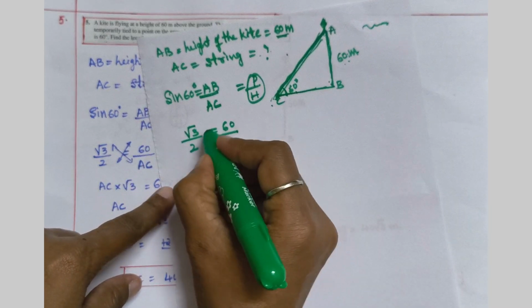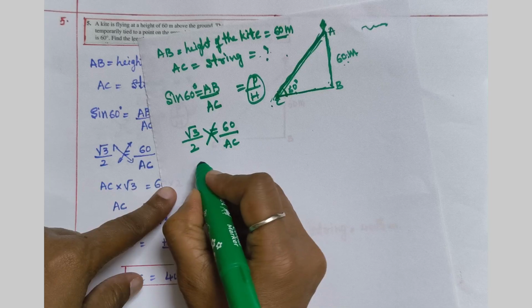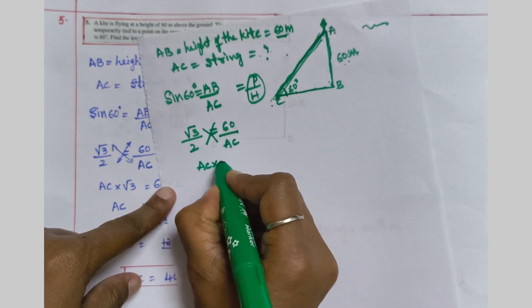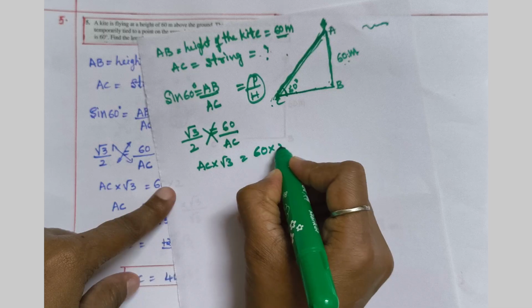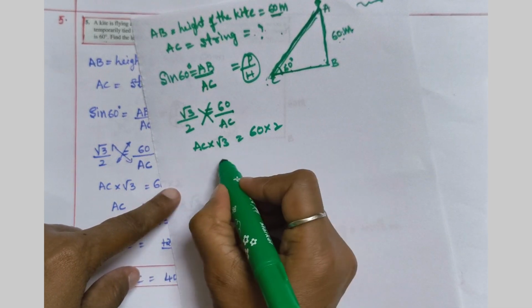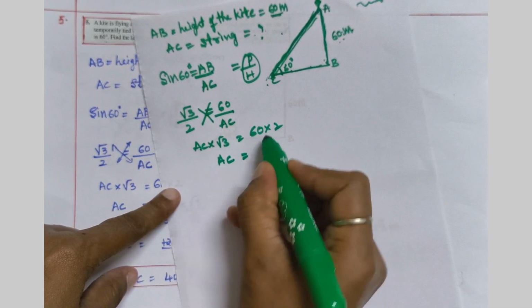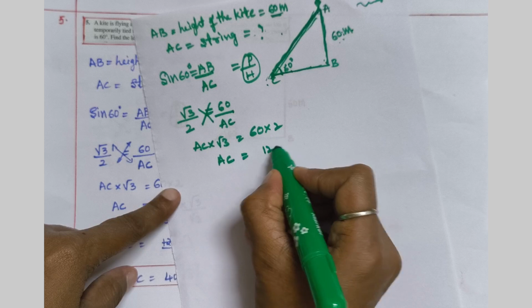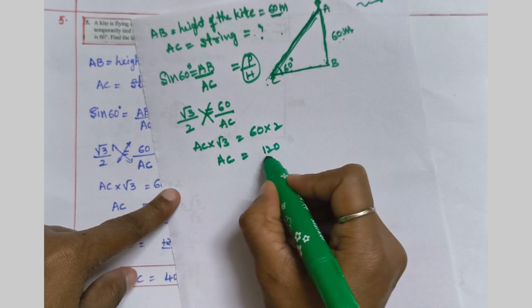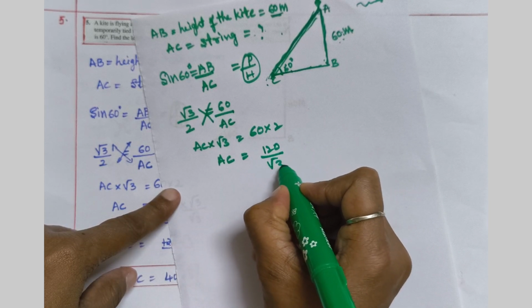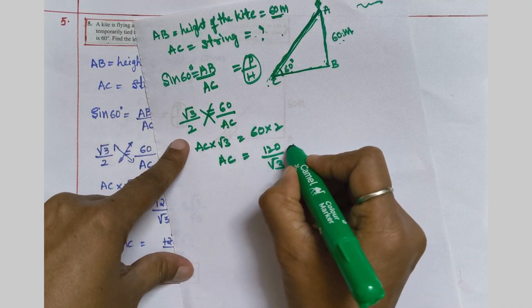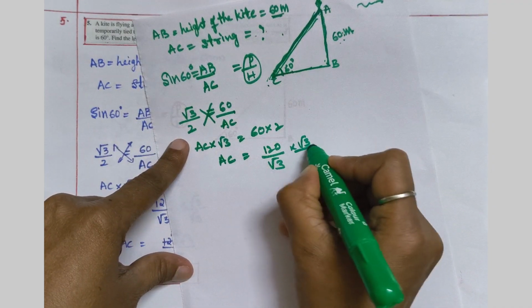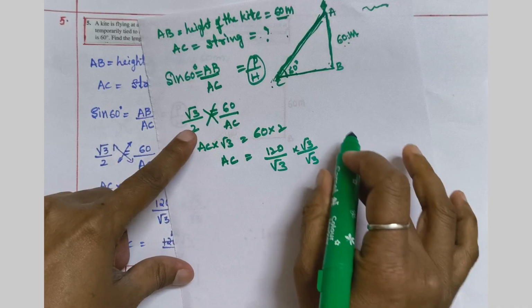Now see here, you do cross multiplication. AC into root 3 is equal to 60 into 2. So AC is equal to 120 by root 3. After the equal sign, the multiplication becomes a divide. Now we will rationalize the denominator. Rationalize the denominator means multiply by root 3.